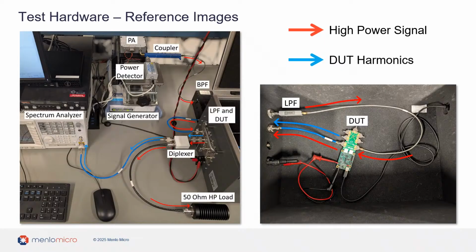The one output of the diplexer carrying the high power RF is connected to a 50 ohm high power load, while the other output of the diplexer carrying the harmonic tones we connect directly to our spectrum analyzer.